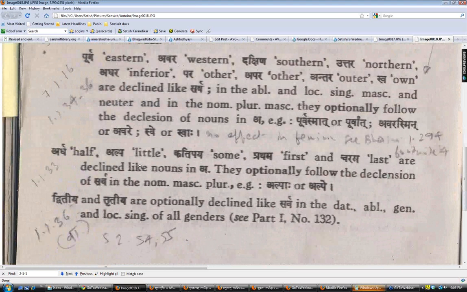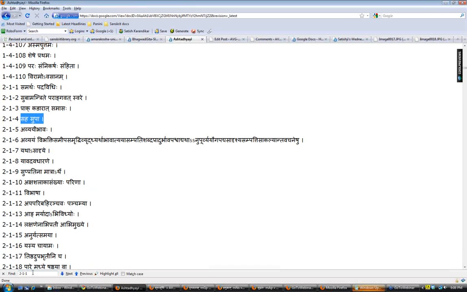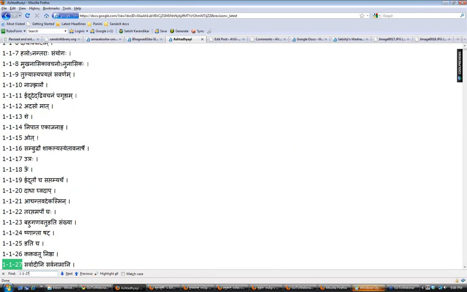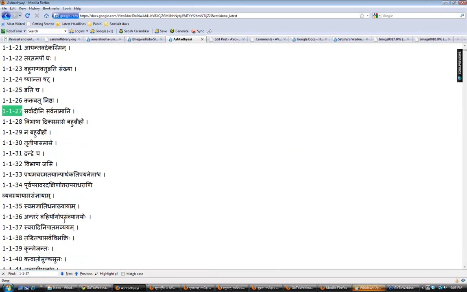So what I suggest for next class is to go through Sarvadini Sarvanamani and some rules below that. This will be the main topic for the next class. There are some vartikas and some important rules there. Go from 1-1-27 to 1-1-36, these 10 rules. Look at some details over here, what's going on. Okay, so that's the next class. Let's stop with that.